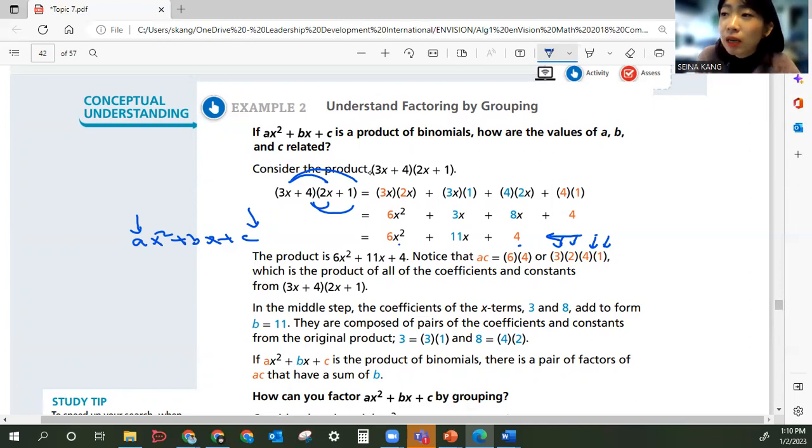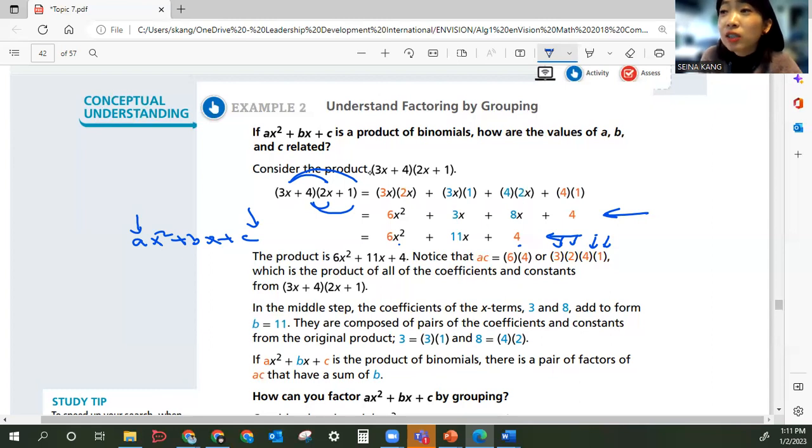In the middle step, the coefficients of the x terms, 3 and 8 in the second step, add up to get 11. 3 is 3 times 1, and 8 is 4 times 2.